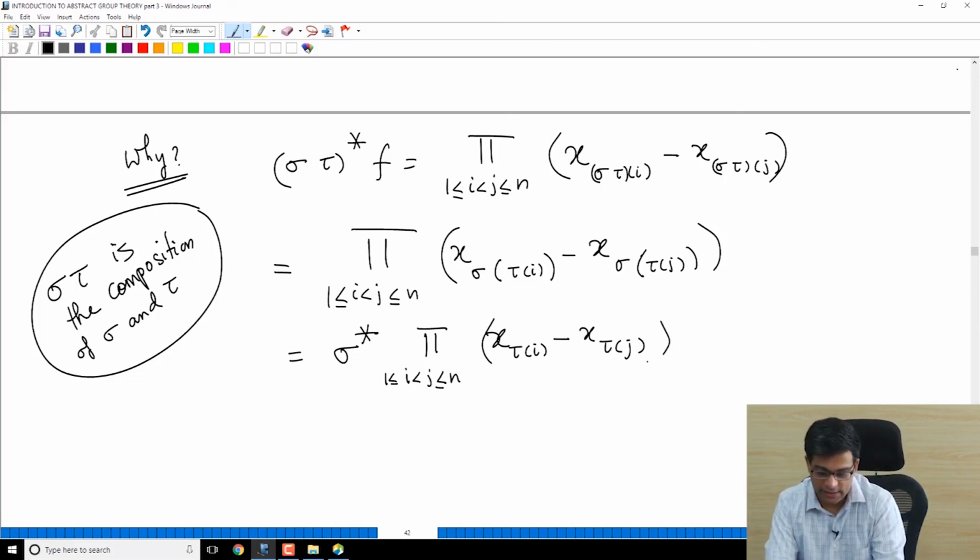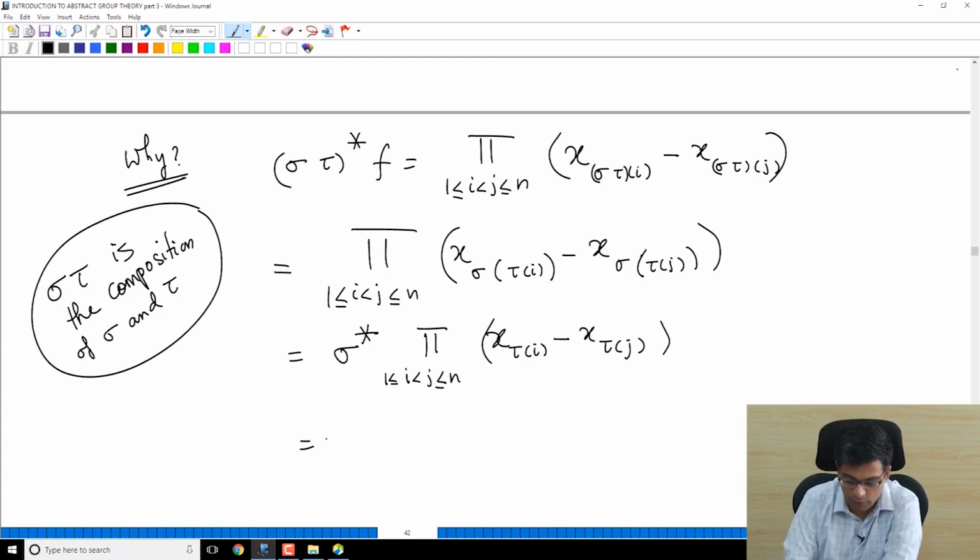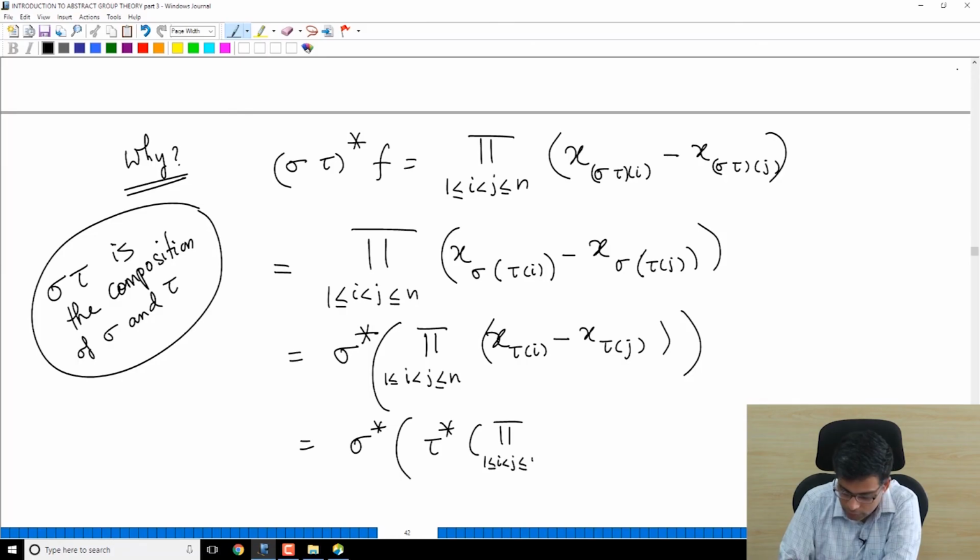Because if I take this and apply sigma star, applying sigma star is by definition applying sigma to each subscript. So I am applying sigma to each subscript, so this is sigma star of this. But what is this? This is exactly tau star of the same product of xi minus xj, right?